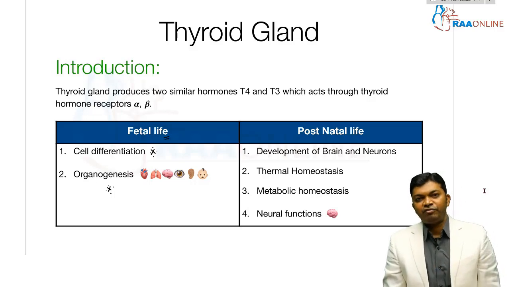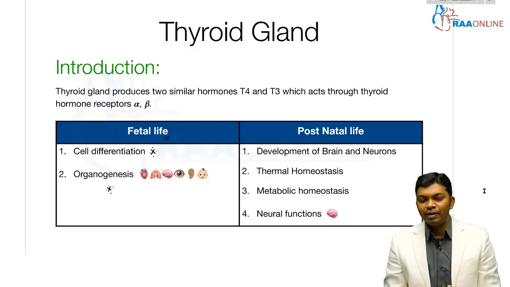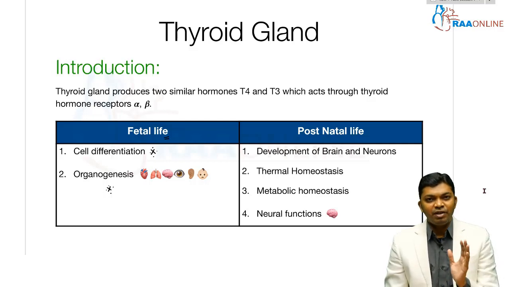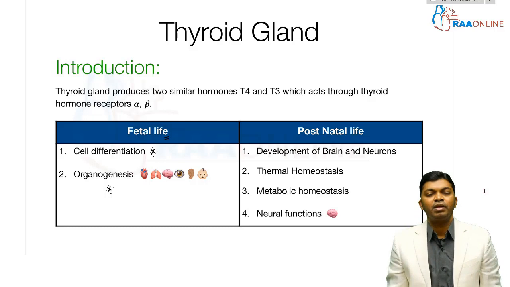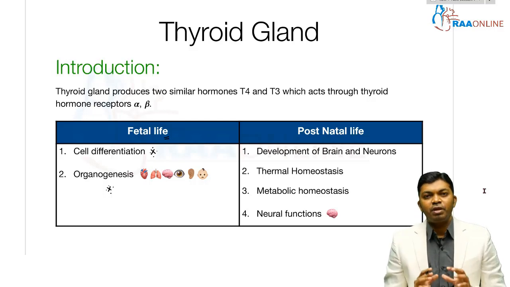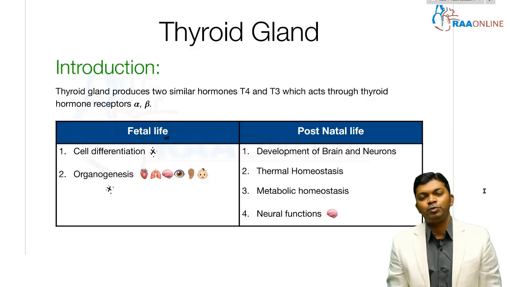In postnatal life, thyroid hormones are critical in development of central nervous system as well as the mental aspect of it, right? See, when it comes to brain and neurons, the development of brain and neurons are influenced to a huge degree by thyroid hormones.